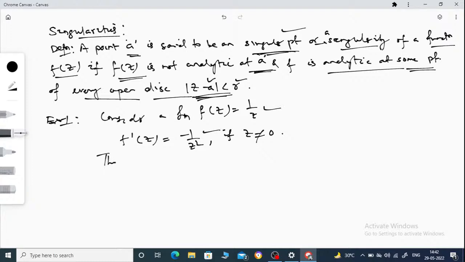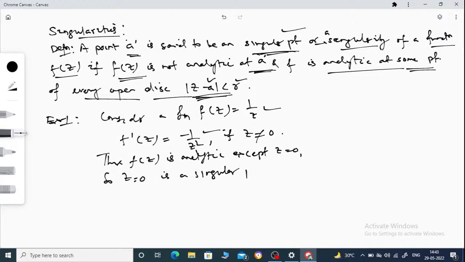Thus you can say f of z is analytic except at z equal to 0. So z equal to 0 is a singular point of f of z.